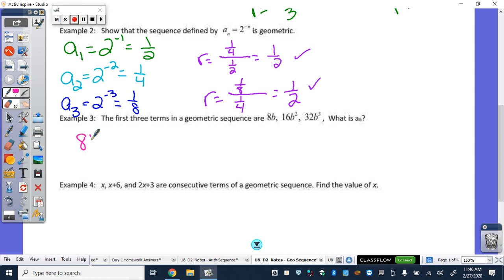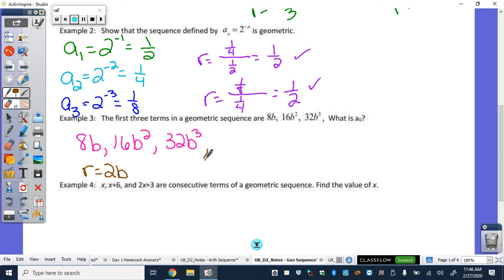So example 3, the first three terms of our sequence are 8b, 16b squared, 32b to the third. What is our sixth term? Well, let's figure out first, what are we multiplying by? 2b. So let's just keep on multiplying by it.